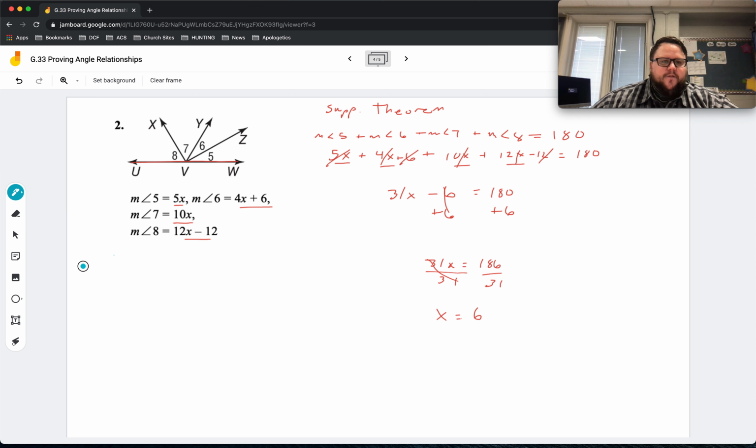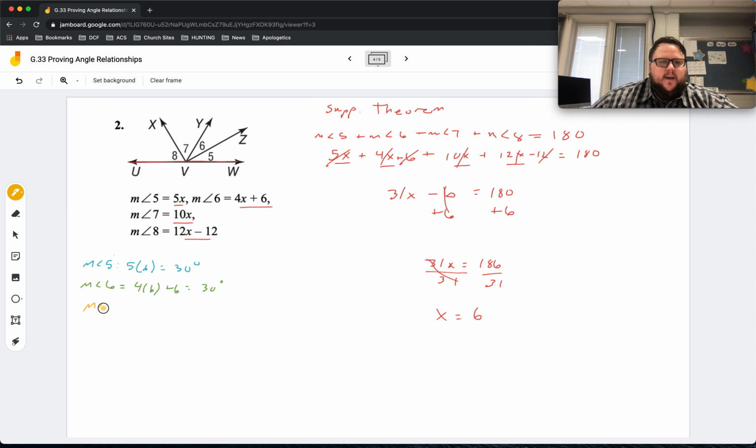So measure of angle 5 equals 5 times 6, which is 30 degrees. Measure of angle 6 is going to be 4 times 6 plus 6, which equals 24 plus 6, which is 30 degrees.